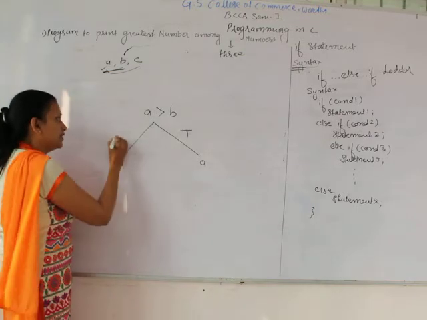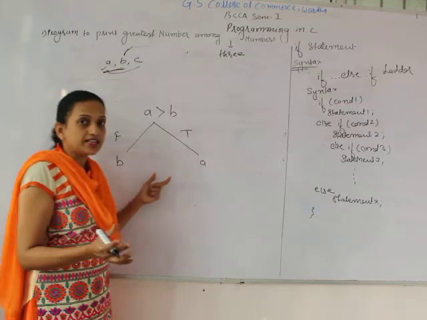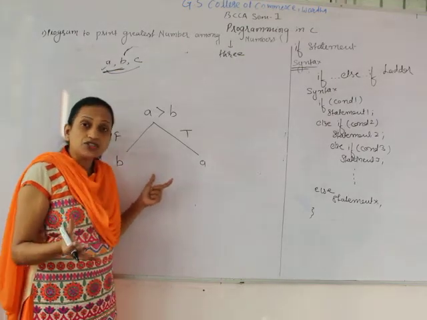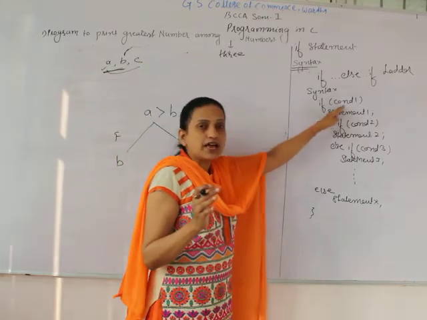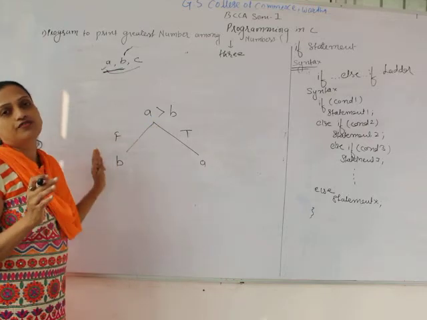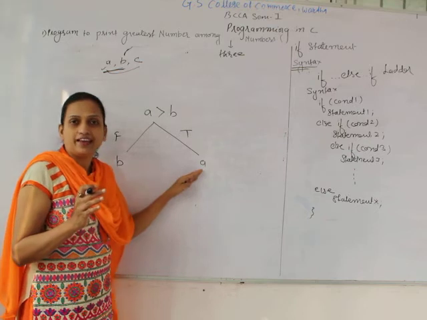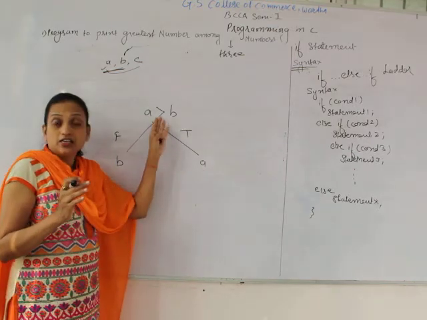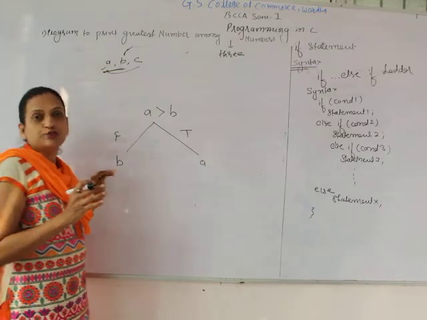Obviously B is greater. So there are two possibilities for every condition. This is also known as the test expression, and it is either true or false. If it is satisfied, then the output will be A, and if it is not satisfied, meaning it is false, then the output would be B.